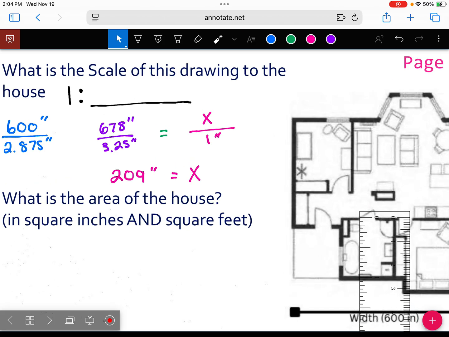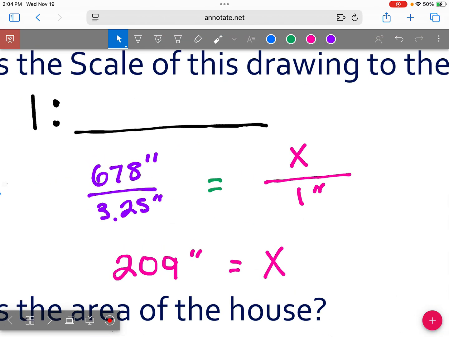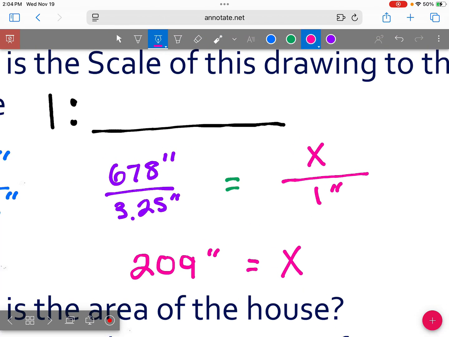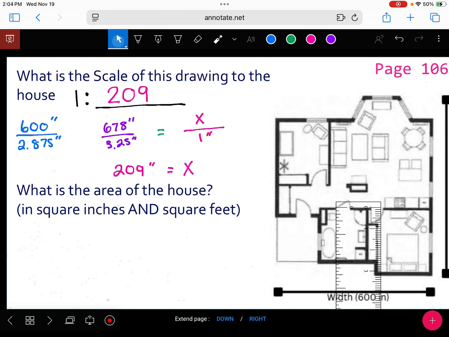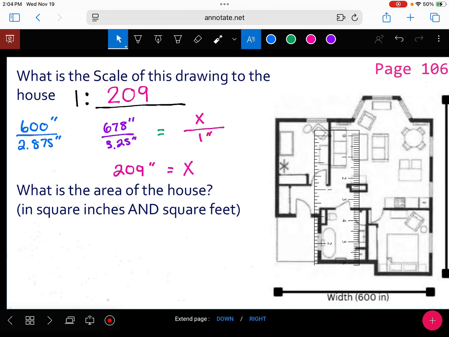So the way we write this scale, we say 1 to 209. That means whatever I'm using to measure on the picture is 209 times bigger in real life. If I use centimeters, it still will convert.